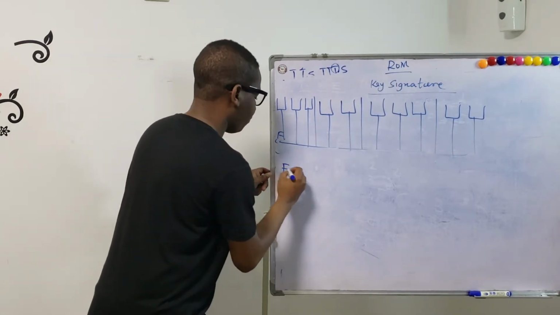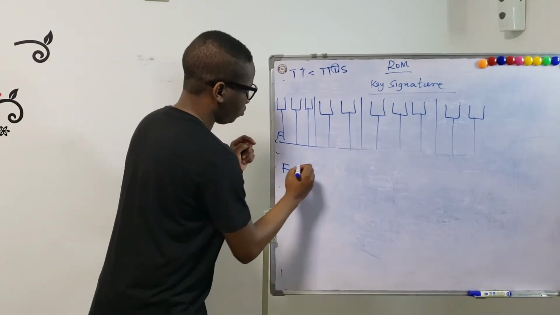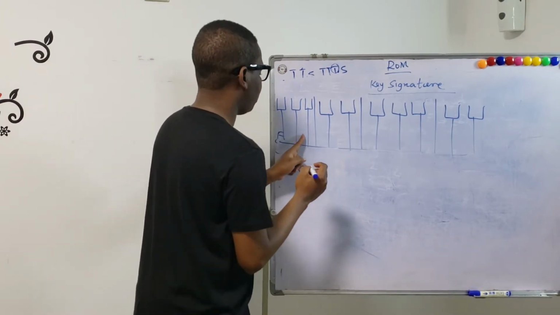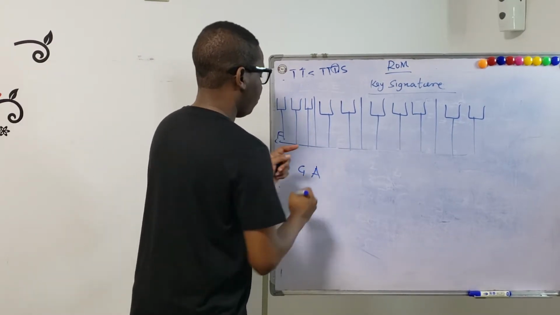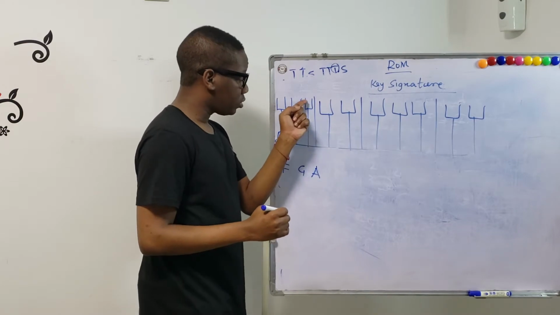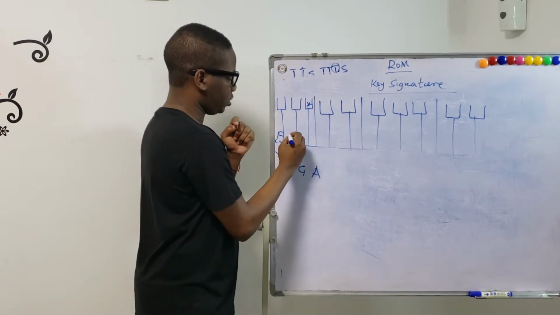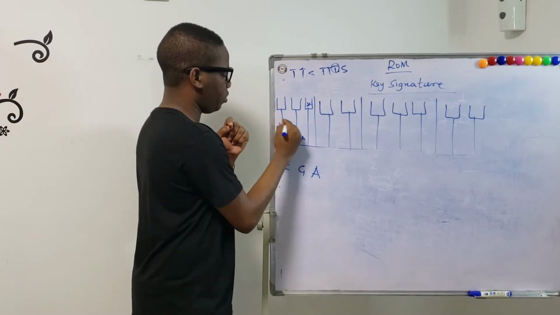We have F, we follow through on a tone, we have G. We follow through on a tone, we have A. If this is F, G, A, this is Do, Re, Mi.